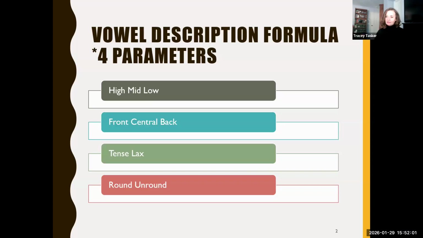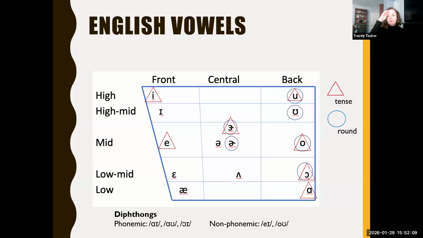And then we're looking at whether we're making the vowel sounds with our lips rounded or retracted. When we're mapping this onto the vowel quadrilateral, tenseness is represented by triangles and roundness by the circles.